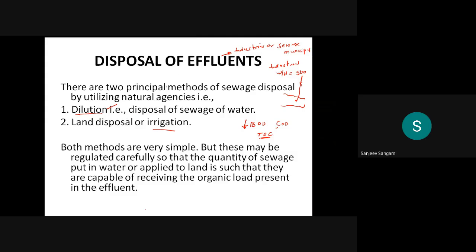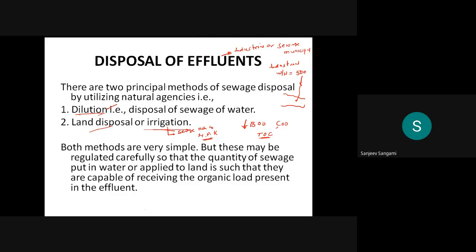So either after treatment it has to be disposed to a surface water body, that is dilution, or it has to be land disposed. Sometimes the sewage is also used for irrigation purposes, because sewage is rich in nitrogen, phosphorus, and potash.